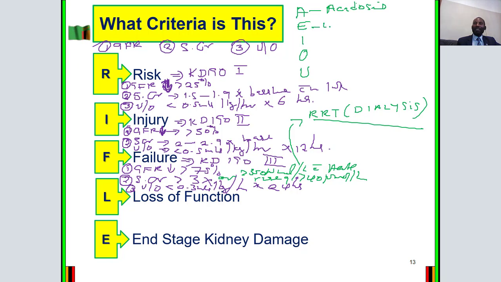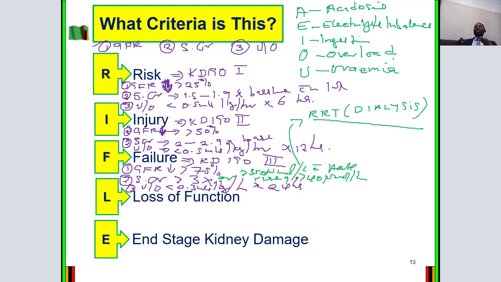That is electrolyte imbalance. That is ingestion of toxics. That is overload. That is uremia. These are the indications. So whenever I'm bringing AEIOU, I'm talking about the renal replacement therapy, dialysis, to remind you always of the indications.